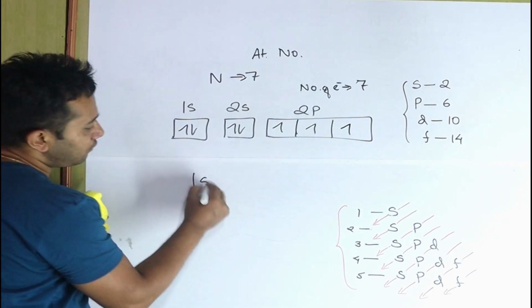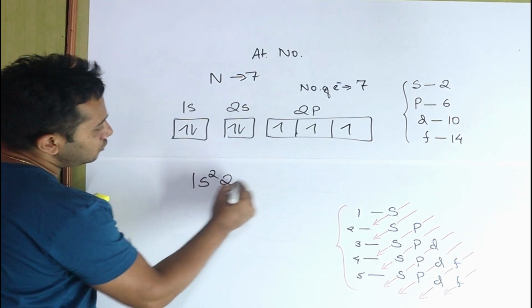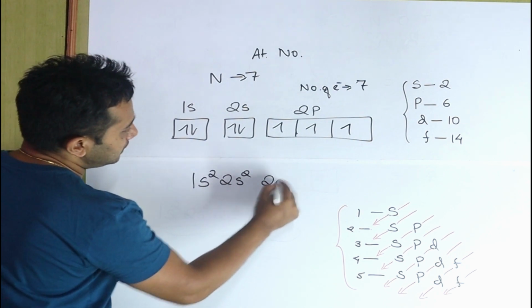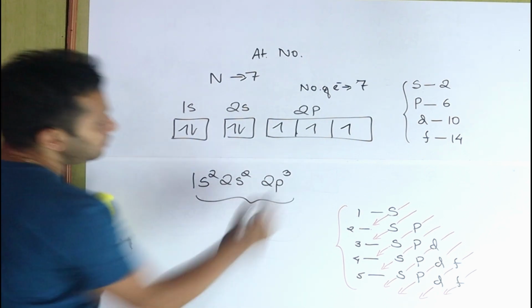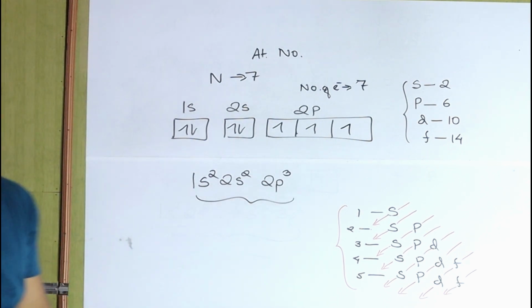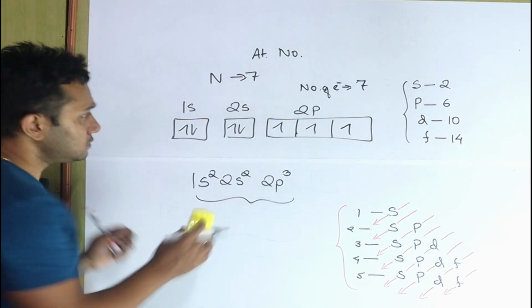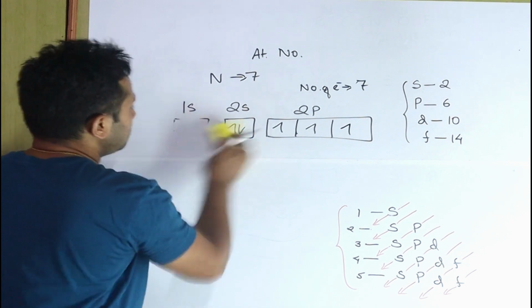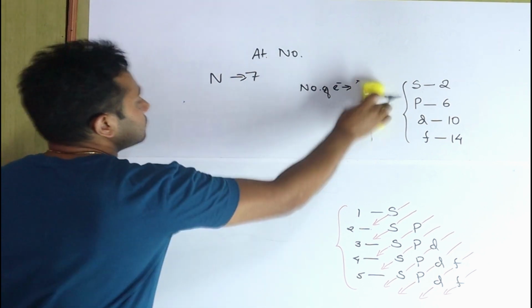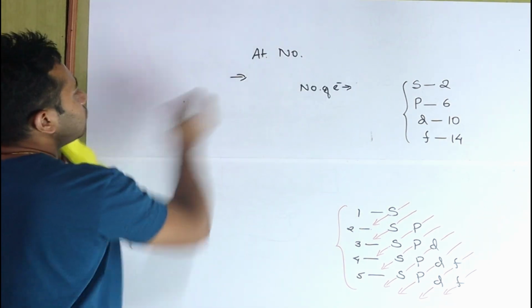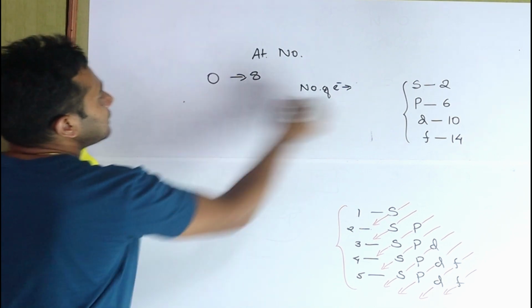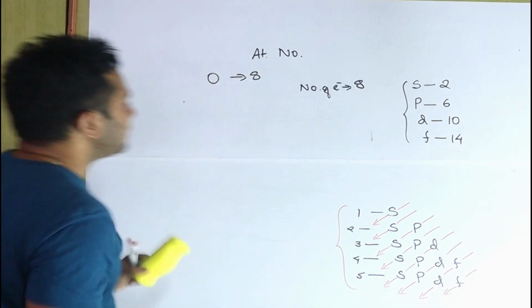If I write the electronic configuration, I'll have 1s2, 2s2, 2p3. So this will be the electronic configuration of nitrogen. Let's go for oxygen. Atomic number 8. Number of electrons is 8.